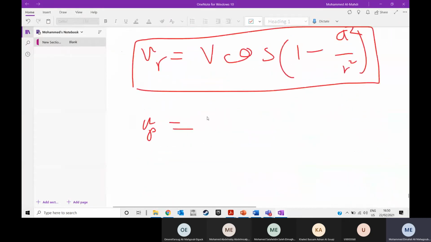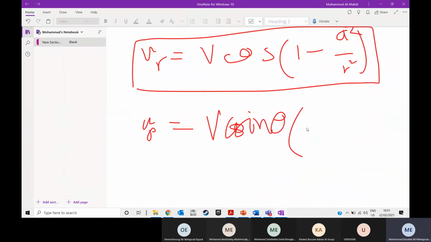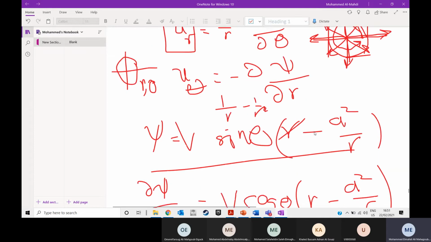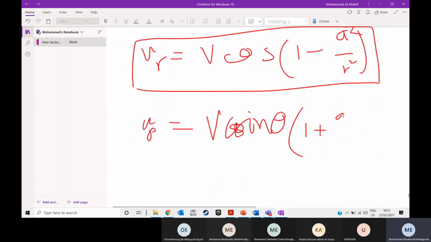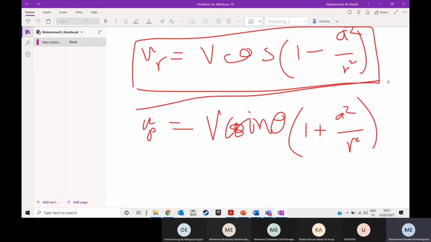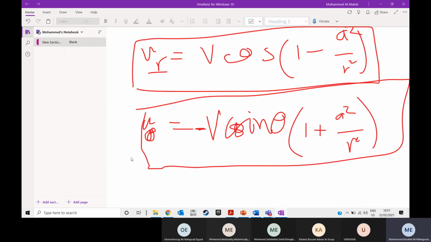So it is going to be V sine theta, and this has no relation, multiplied by 1. And this is going to be negative, here there is already a negative, so it's going to be positive A square over R square. This is the expression for theta. Oh, sorry, I forgot to multiply by negative outside. So this is the radial velocity, this is the tangential velocity.